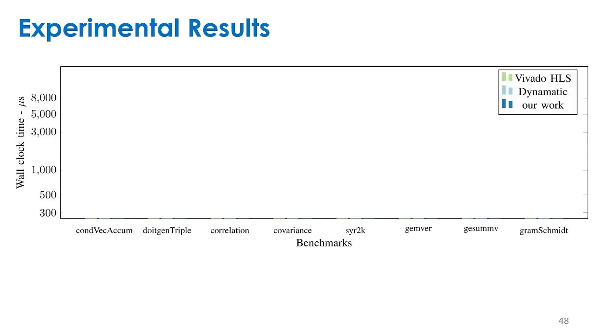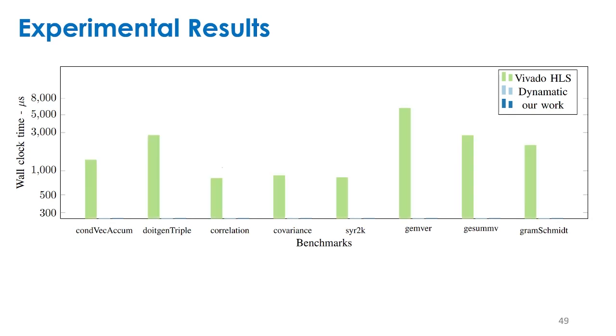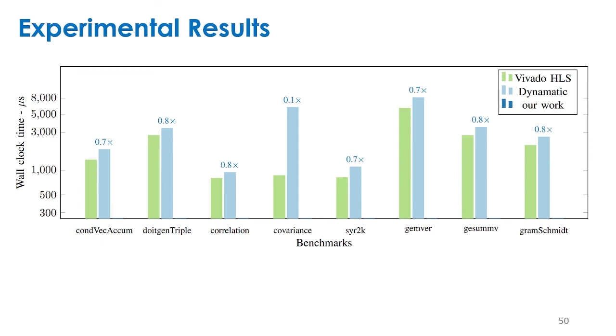We also evaluate the effectiveness of our approach on 8 benchmarks. We collect the performance of hardware generated by Vivado HLS and Dynamatic. Although Dynamatic uses dynamic scheduling to achieve a better performance in clock cycles, the lower clock frequency introduced by the additional handshaking signals makes the wall clock time worse.